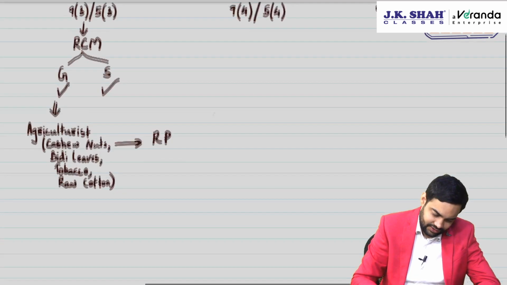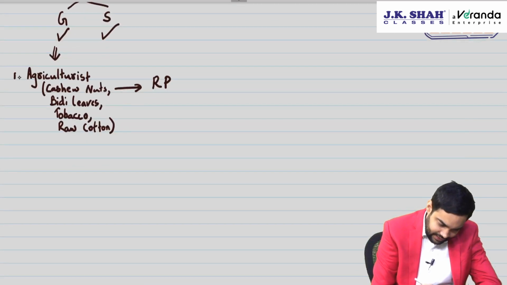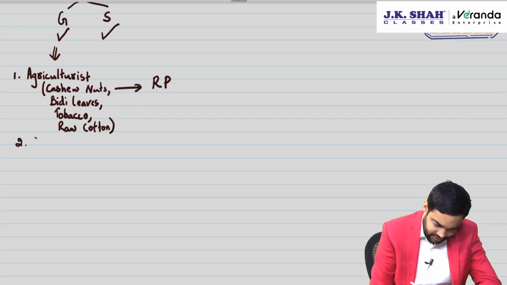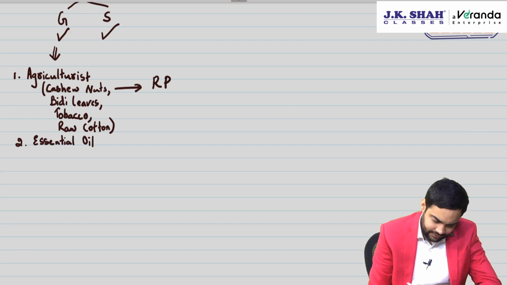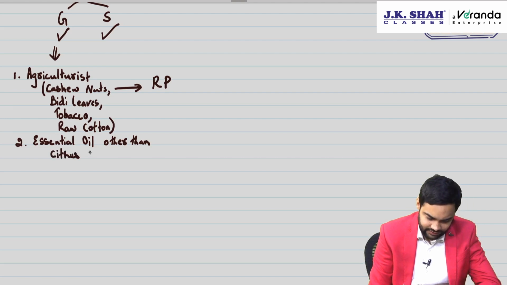This is the first one. The second one is essential oils. Now there are a lot of names given, but be careful. Essential oils, and it should not contain citrus fruit, because the law says following essential oil.